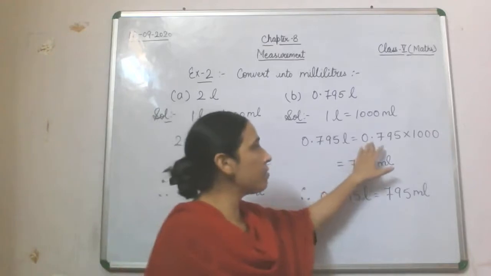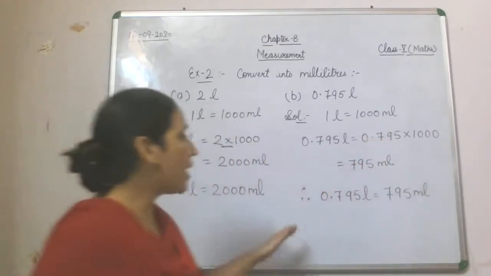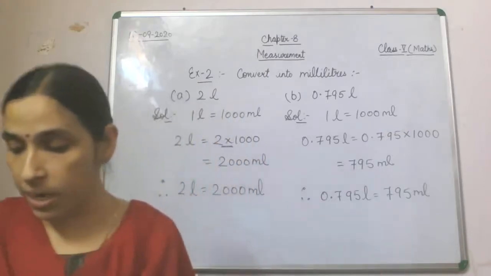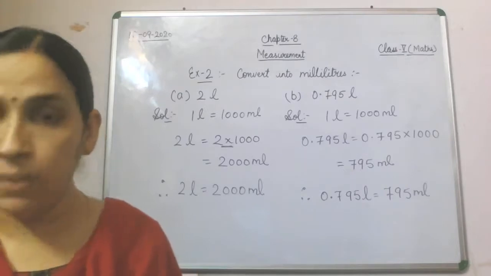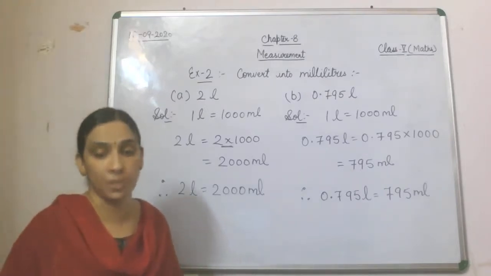Now this decimal will shift 3 places towards right and you will be getting this 795 ml as an answer. So children, what you have concluded from these two questions?